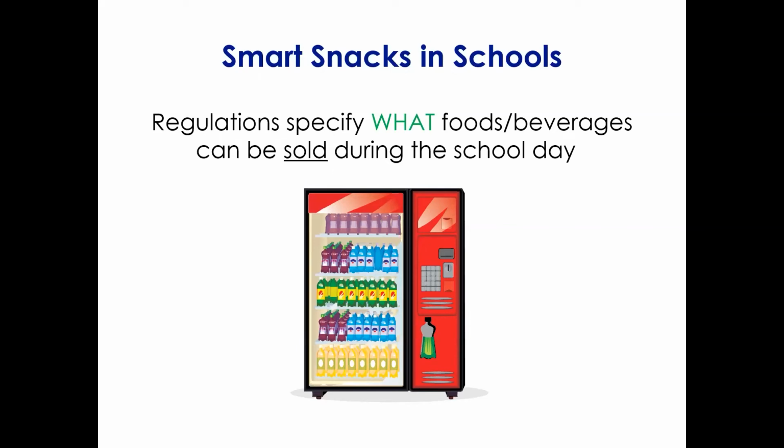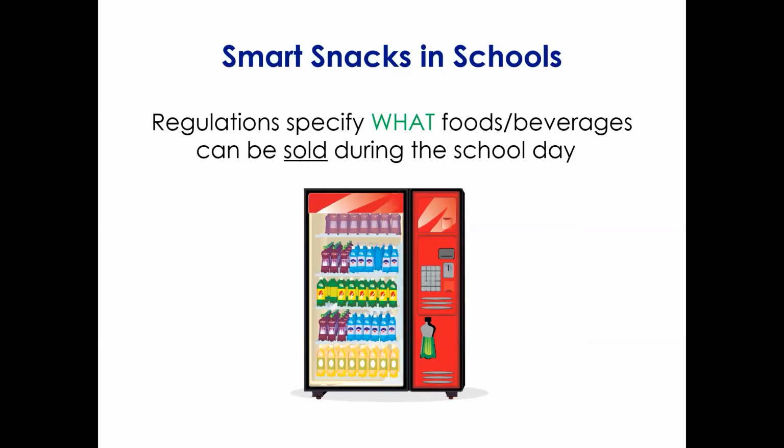But let me show you a couple of handouts we have in your packet. This is the Smart Snack decision chart that basically defines the standards for snacks that you see here. Beverages are on the other side. It begins on the left side with meeting all of the nutrition standards.